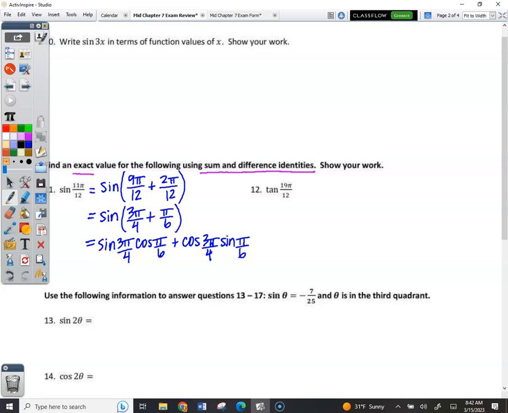You've rewritten it in terms of sine and cosine functions of radian measures that are on the unit circle. So now it's just a matter of looking at your unit circle. Sine means pull which coordinate? Sine means to look at the y. Cosine means look at the x.